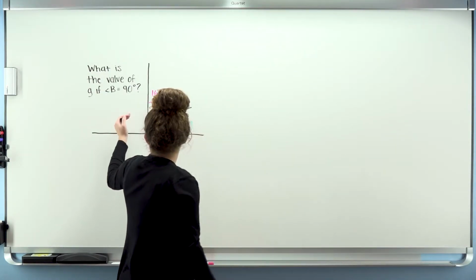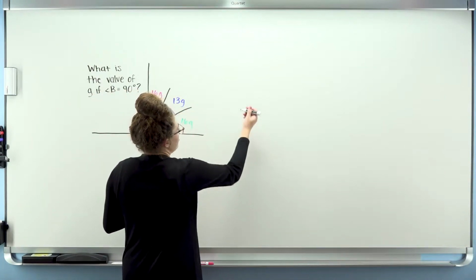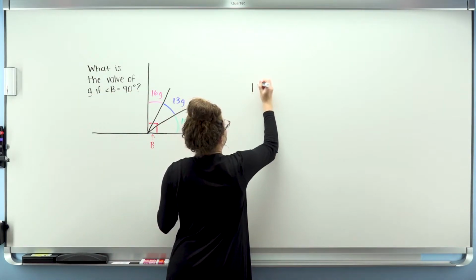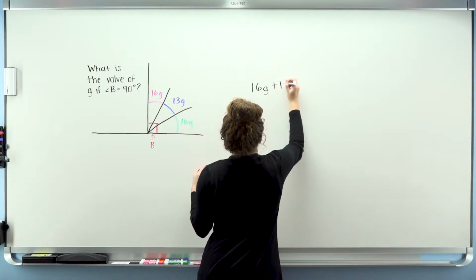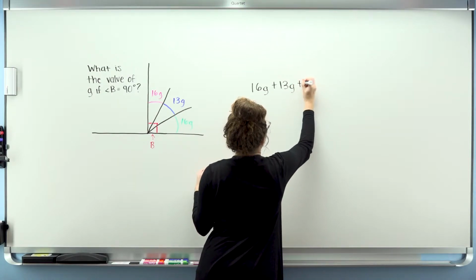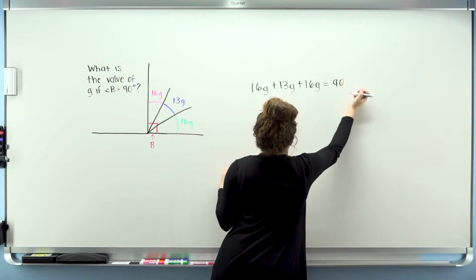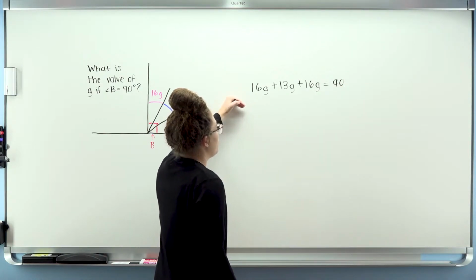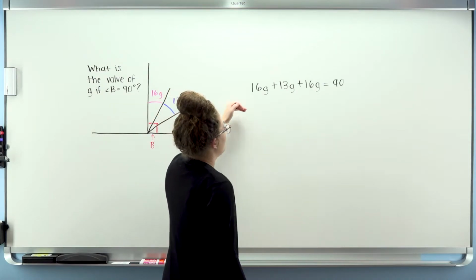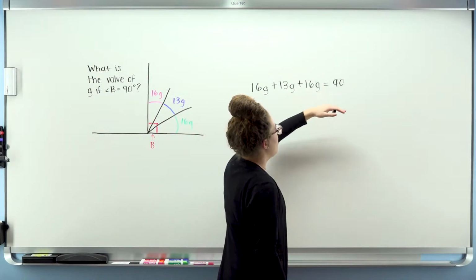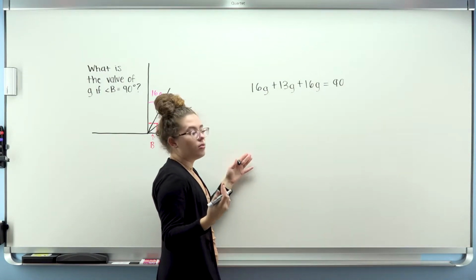So again, because we want the value of g, if we add these together, because we know that's 90, so 16g plus 13g plus another 16g is equal to 90 degrees. And because we want what the value of g is, we would add these all up, then we would try to get g alone, right?